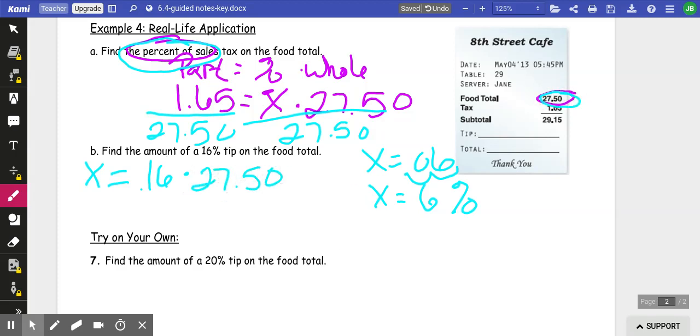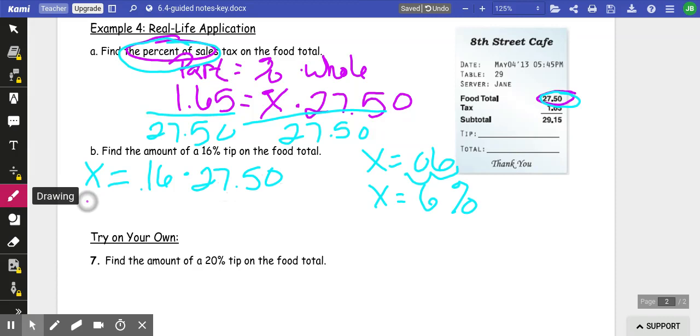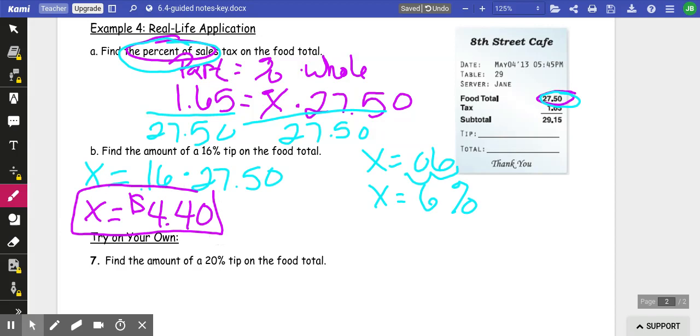When I multiply 0.16 times $27.50, I get X equals $4.40. So it would be $4.40 as a tip for a 16% tip on the food. Okay, go ahead and pause the video and try number 7 on your own.